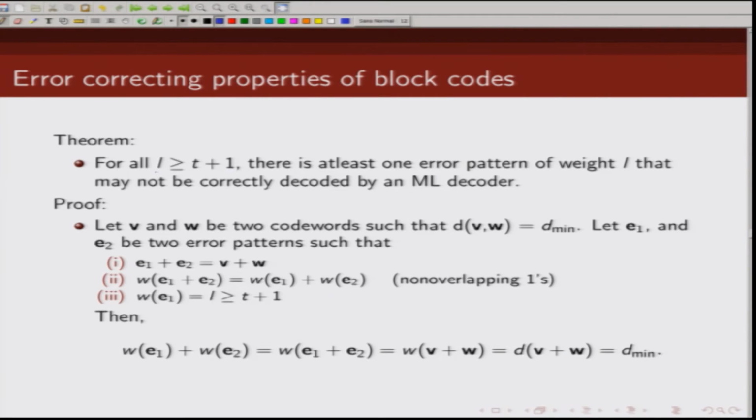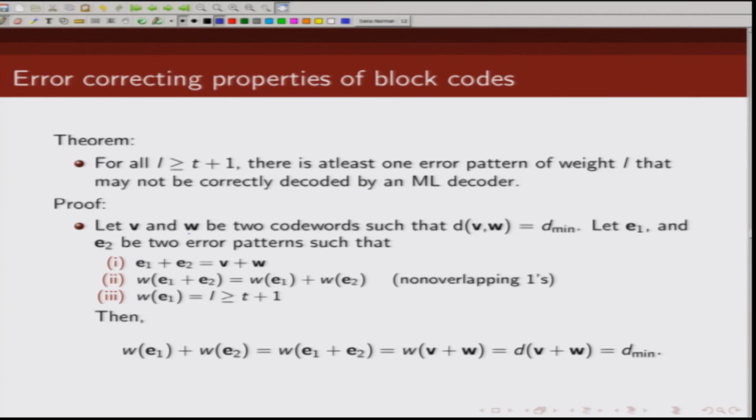So, for all error patterns of weight L, if L is at least t plus 1, then our maximum likelihood decoder may not be able to correctly decode or correct that error. So, let us prove this.